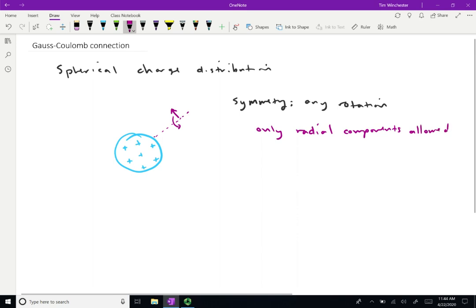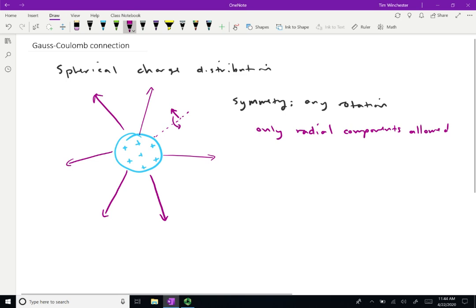So we already kind of knew that, but now we can see why symmetry suggests that, because otherwise we would get a contradiction if there was any non-radial component. So the electric field points radially away from the sphere, and we want to choose a Gaussian surface where the electric field is always either parallel or perpendicular to the area vector for that surface.